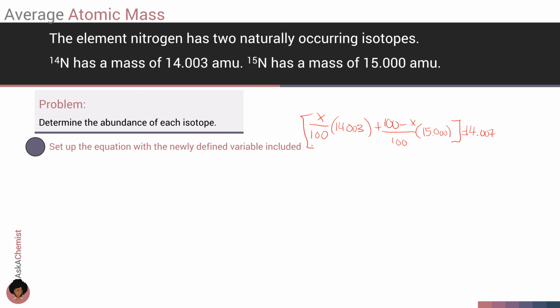Okay, so now we've rewritten our equation to include the newly defined variable y. As the equation is, we can't really solve for the variables because we need to simplify the equation. So the first thing that we need to do to simplify the equation is to multiply both sides by 100.